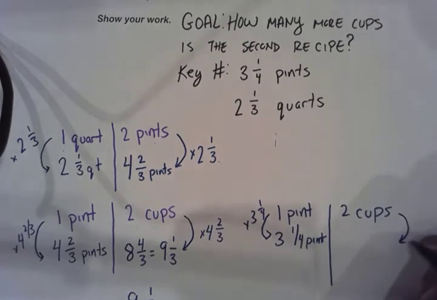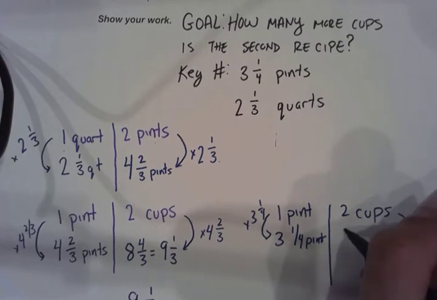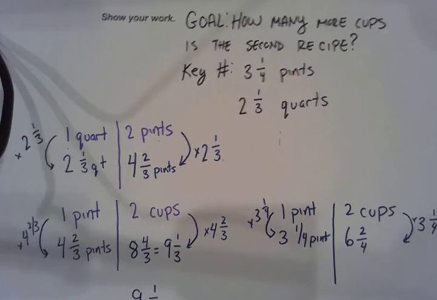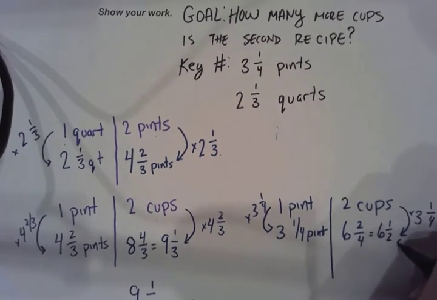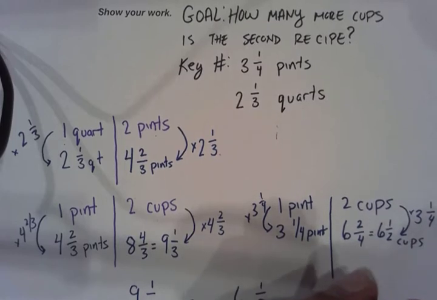And what you do to one side, you do to the other. So 2 times 3 and 1/4 is going to be 6 and 2/4, because 2 times 3 is 6, and 1/4 times 2 is 2/4. But that's the same as 6 and 1/2 cups.